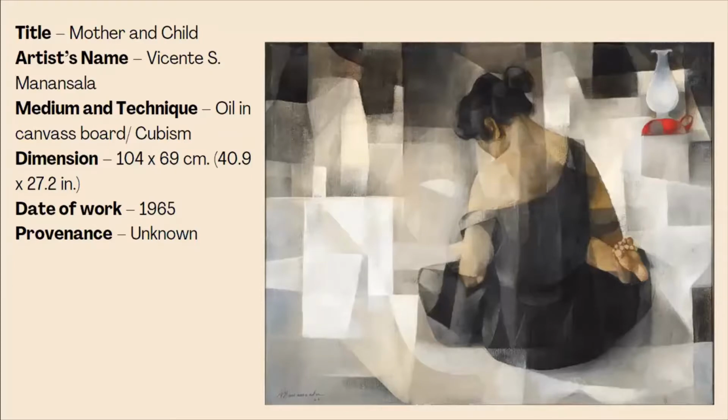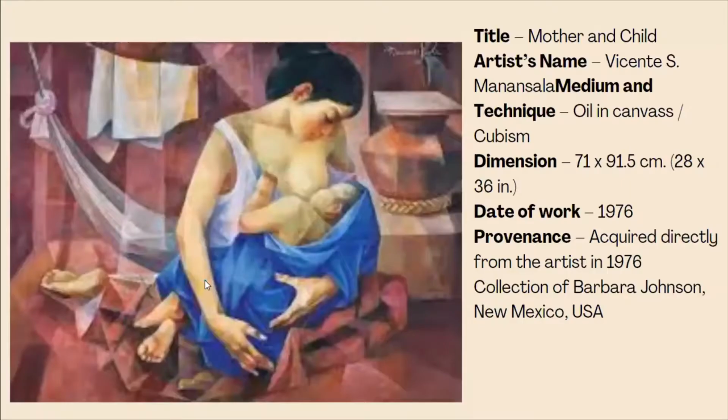Another artwork, with the title Mother and Child by Vicente Manansala, medium oil on canvas, and the technique is cubism. The dimension here, date of work 1965, provenance. This artwork has the same artist and same title as the previous one, but it was made in a different year.